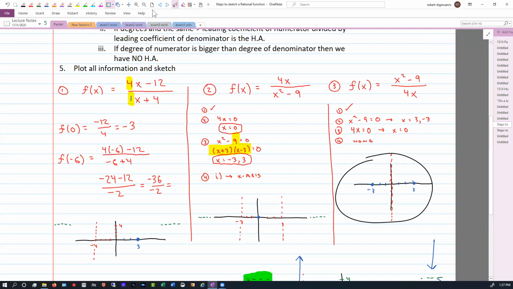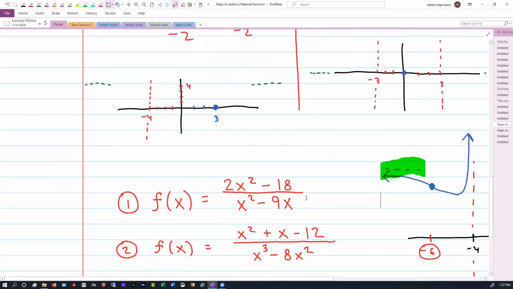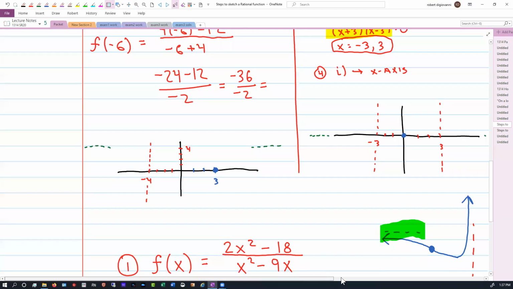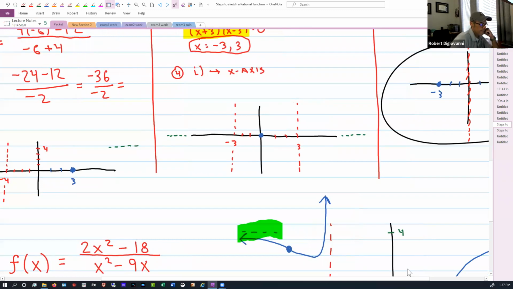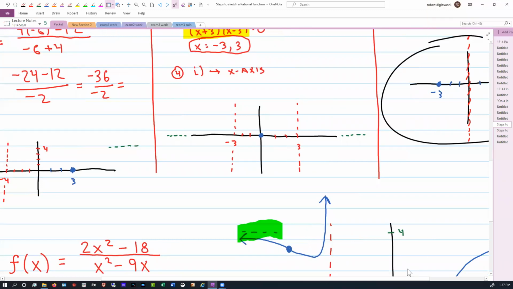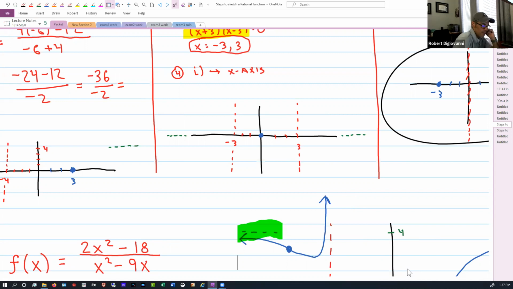So that horizontal asymptote's gonna act like a magnet for your function, for your line. So you start out at 0, and it's just kind of going to run along that. Well, you don't know what it's going to do. That's what I'm saying. Like this problem here, you really don't know where to go.